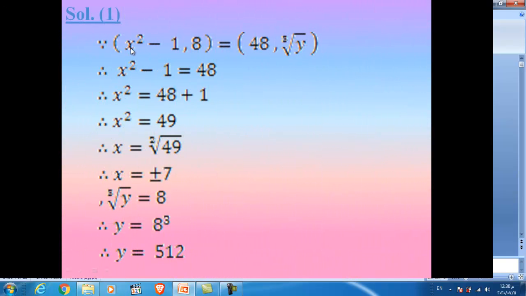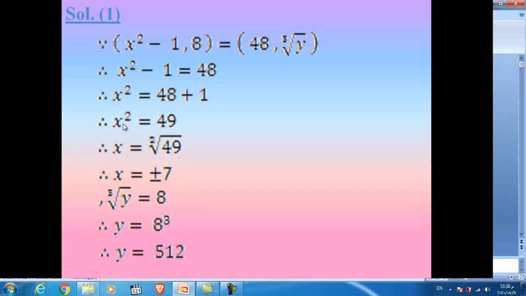Let's solve it as we said now. x² - 1 equals 48. We will solve it as an equation. -1 will go to the right hand side, so x² will equal 48 plus 1, so x² equals 49.